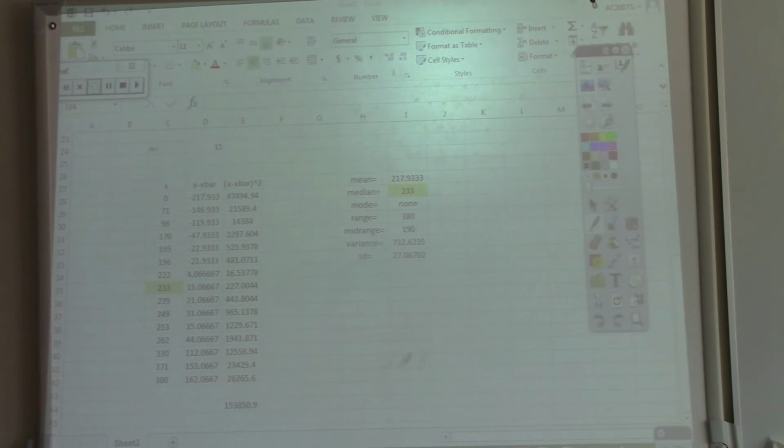Now we can draw our picture. Just a little bit off, but you get the point.